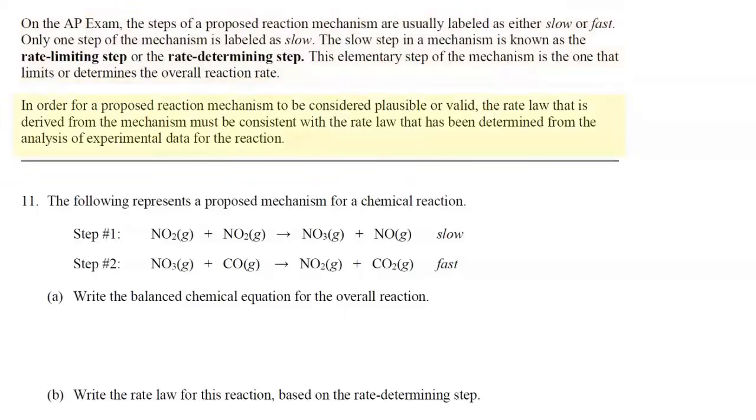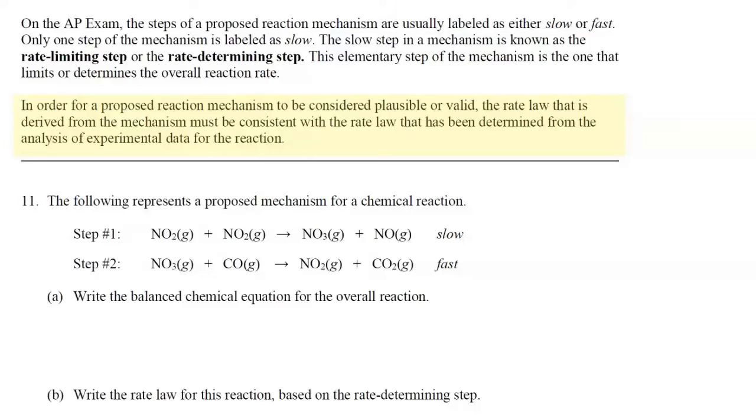Now, in order for a proposed reaction mechanism to be considered plausible or valid, the rate law that is derived from the mechanism must be consistent with the rate law that has been determined from the analysis of experimental data for the reaction.